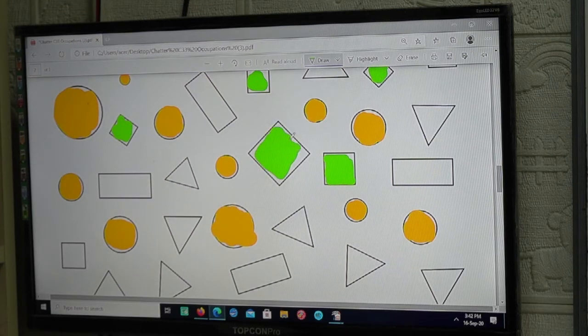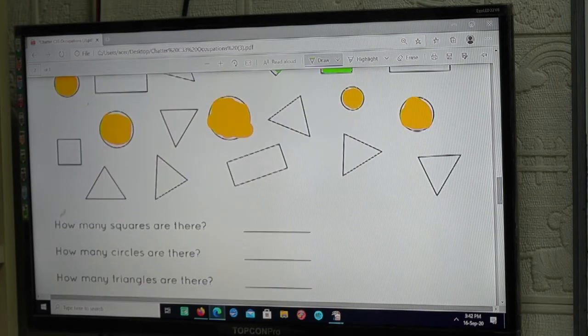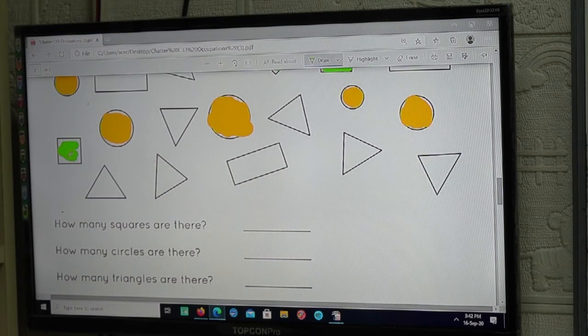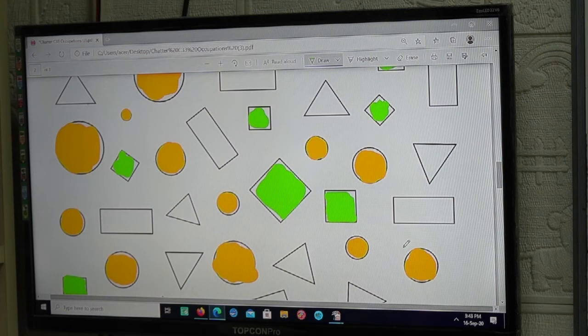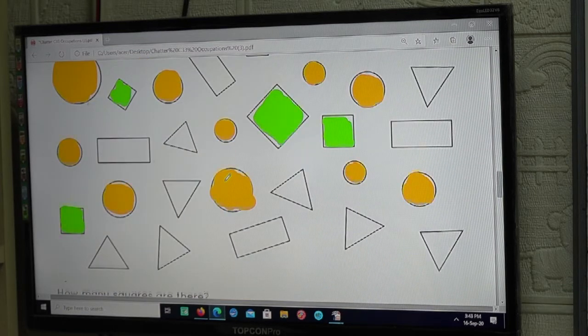Color all of them green. Any other? Alright, one more here. All the squares green.